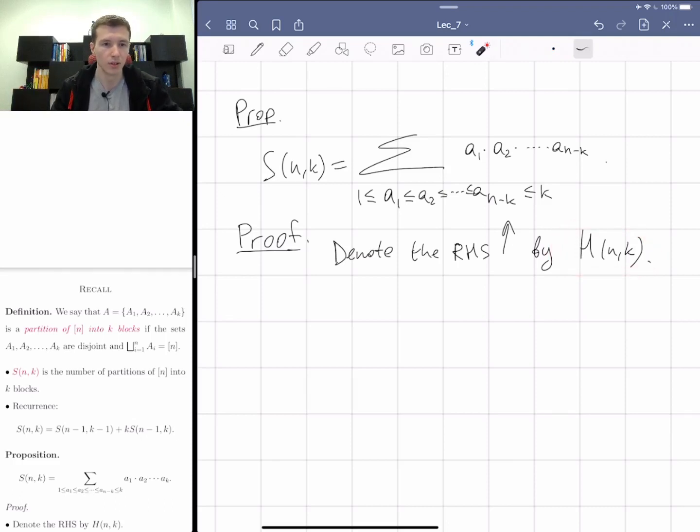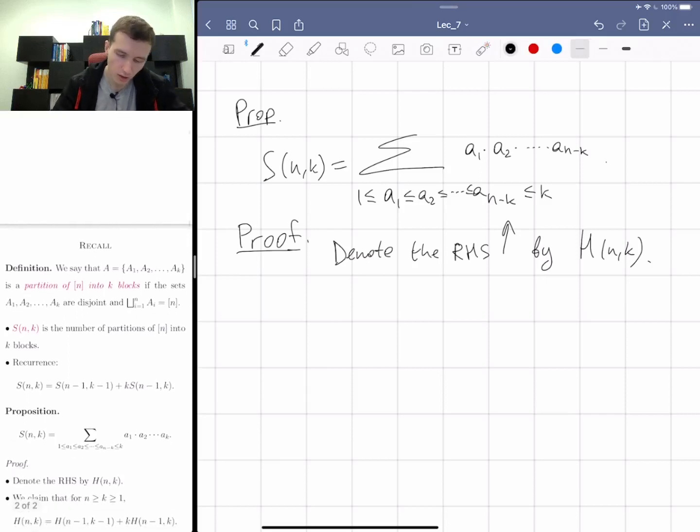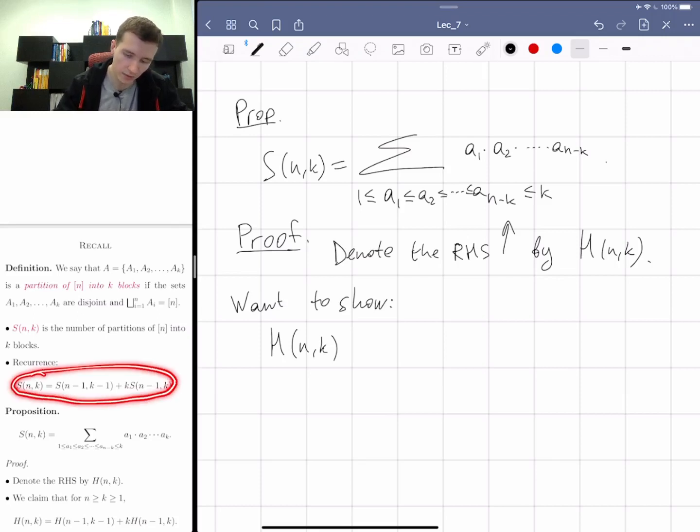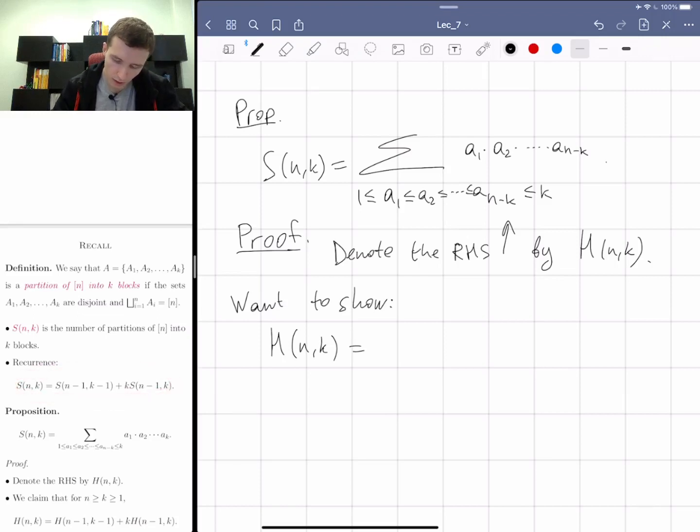What is the thing that we need to show? We want to show the following: h of n comma k is equal to h of n minus 1 comma k minus 1 plus k times h of n minus 1 comma k. That's the same recurrence as the one for s of n comma k.